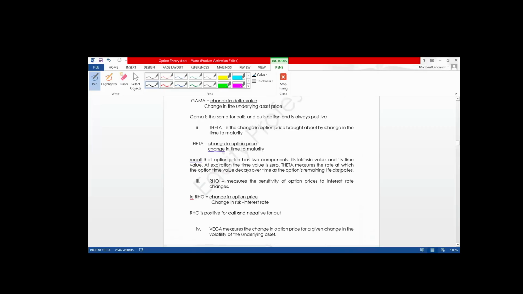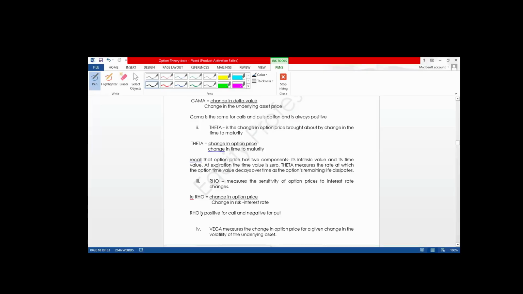We said rho measures change in option price to change in interest rate. Look at this rho: change in option price divided by change in risk-free rate. The examiner says if there's a decrease in risk-free rates, what will be the impact on call option value?